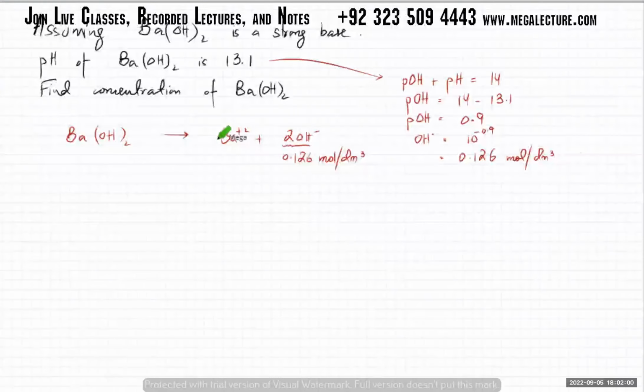So the barium hydroxide concentration will be half of that. What is half of that? 0.063 mole per dm cube.